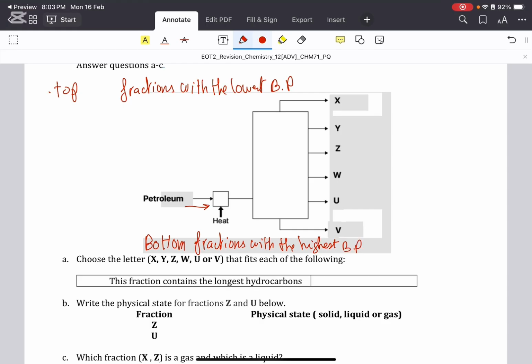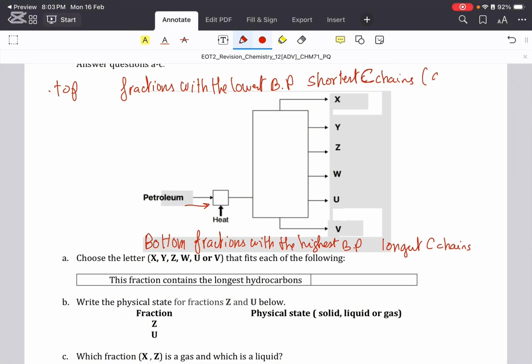boiling point. Also, at the top, I will get the shortest carbon chains. At the bottom, we get the longest carbon chains. And that means that at the top, they are gases.